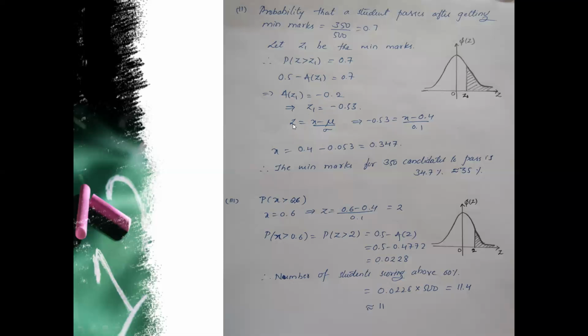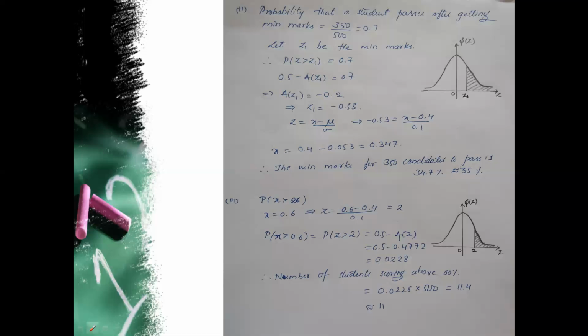We will convert the standard normal variate into a normal variate again using z equal to x minus mu by sigma. Z is minus 0.53, x we want, mu we know is 0.4, sigma is 0.1. Now simplify it, obtain the value of x. X is 0.347. So the minimum marks for 350 candidates to pass is 34.7%, or nearly equal to 35%.